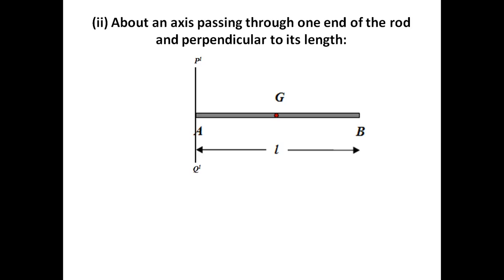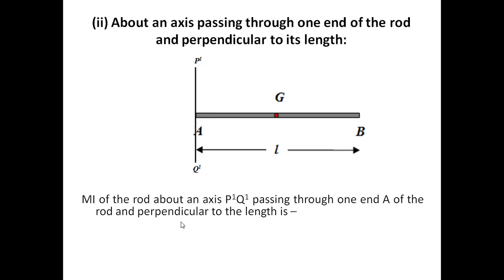Now to calculate the total moment of inertia of the entire rod, we have to integrate equation 2 with respect to particular limits. Since here the axis lies at one extreme end, we have to add the elements which lie from one extreme end to the other extreme end. So the limits will be from 0 to L.